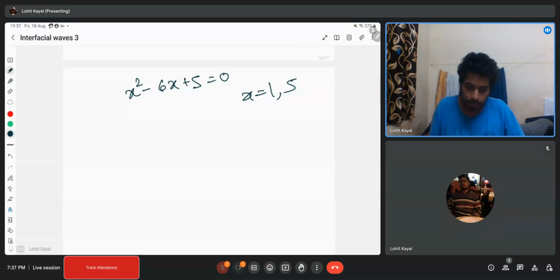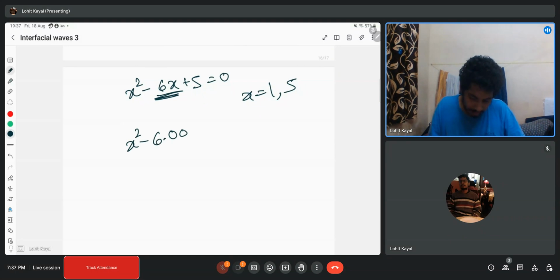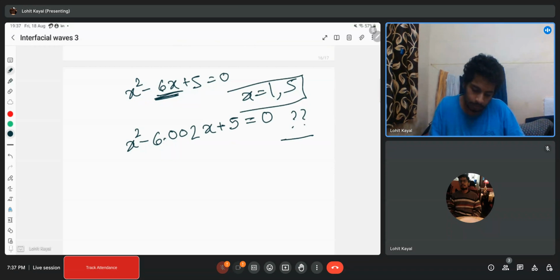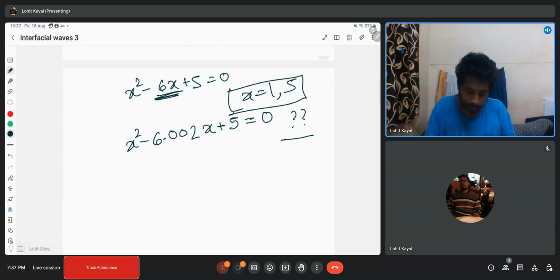These two are the possible solutions. Now suppose instead of 6x, your equation is x square minus 6.002 x plus 5 equal to 0, then what is your solution? Can you estimate your solution from this? So this is your task. This is called the perturbation technique.